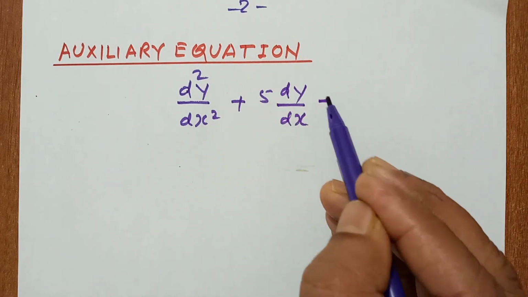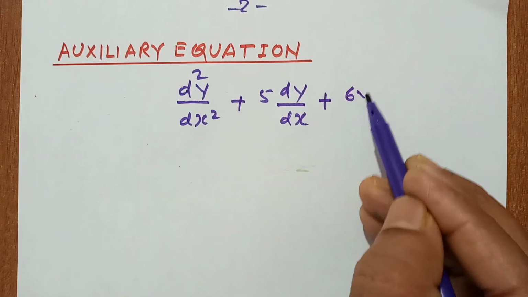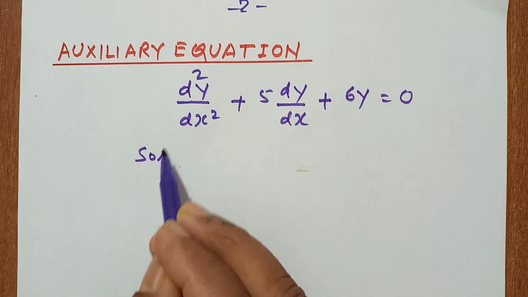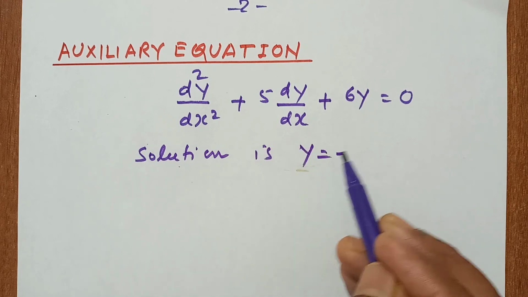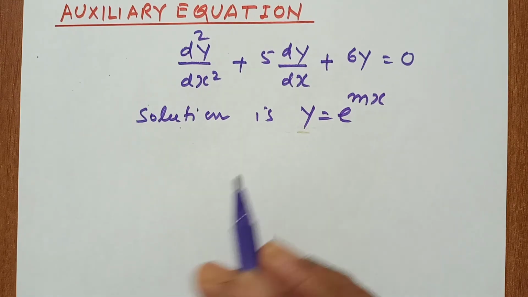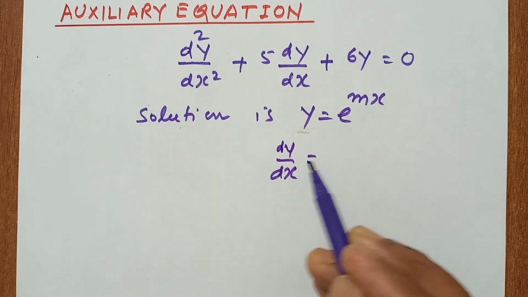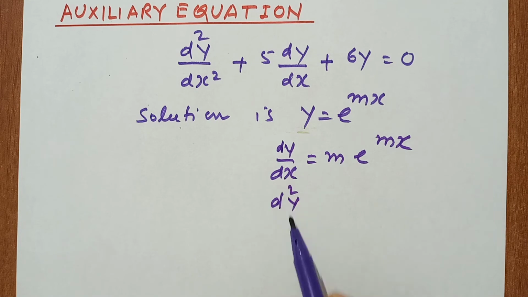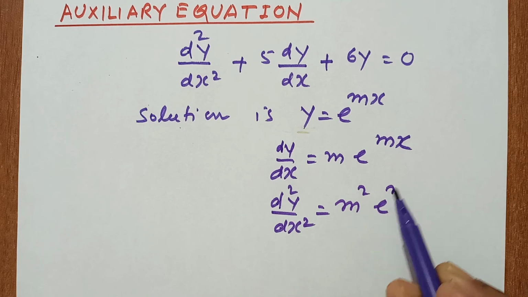Let us suppose the solution of this differential equation is y is equal to e to the power mx. Here, if we calculate dy by dx, it is equal to m e to the power mx, and d2y upon dx2 is equal to m square e to the power mx.